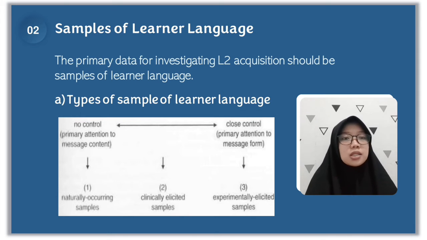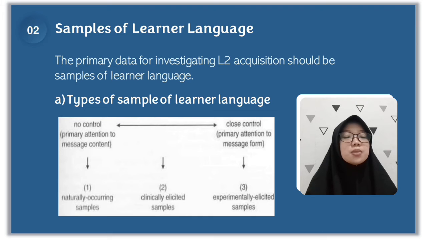In contrast, experimental elicitation involves getting the informant to produce data incorporating particular features which the linguist is interested in at the moment, and considers, therefore, a carefully controlled procedure.